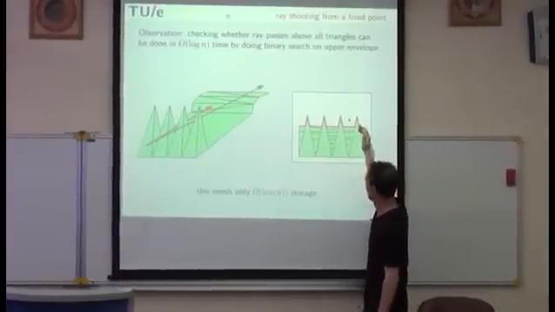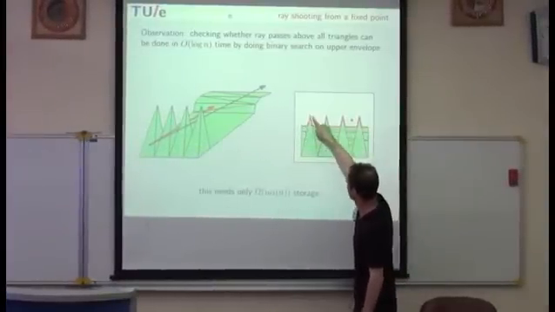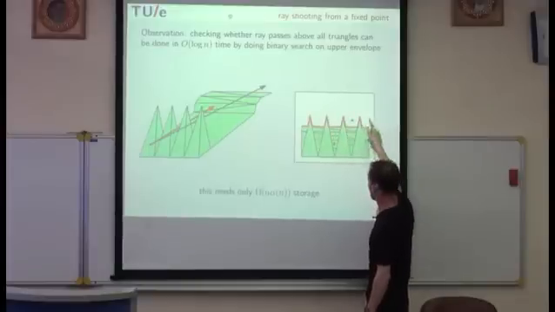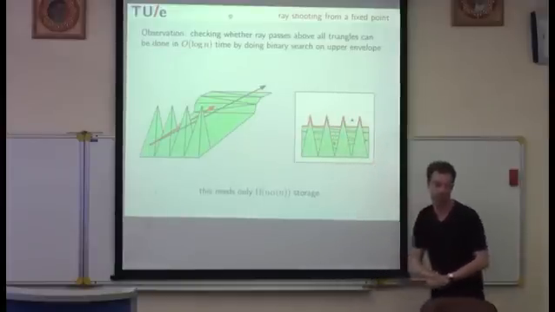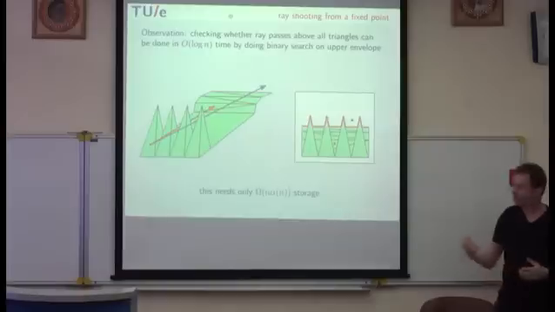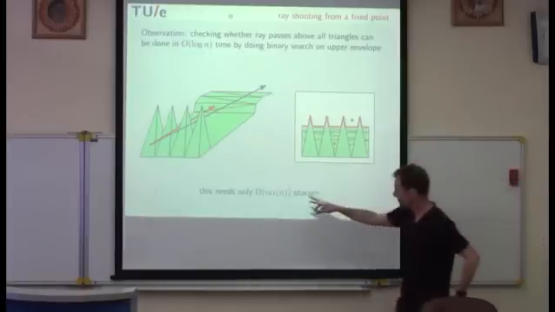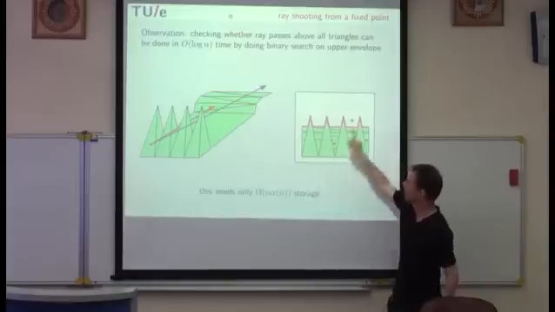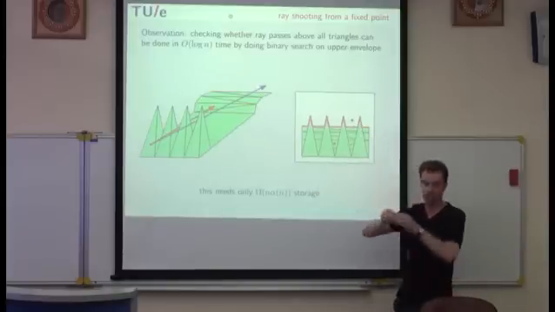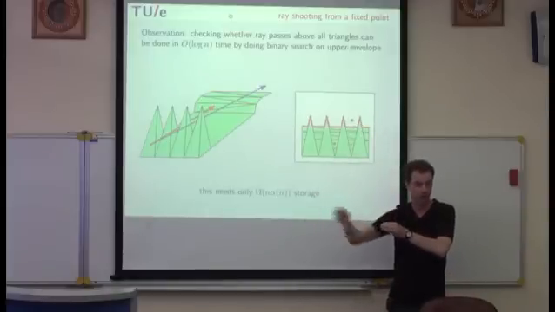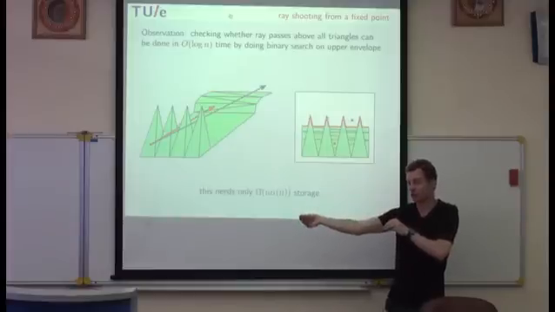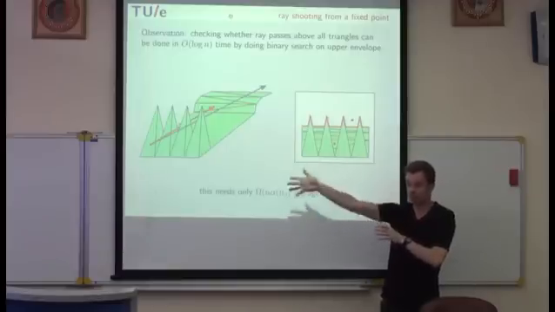So the complexity of this envelope, we've seen that, is n alpha n. So with only roughly linear storage, I can answer this question: not which triangle I hit, but do I hit any of my triangles, or do I pass completely above all of them?